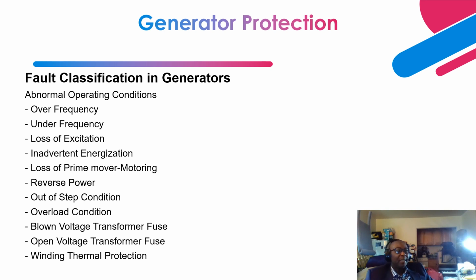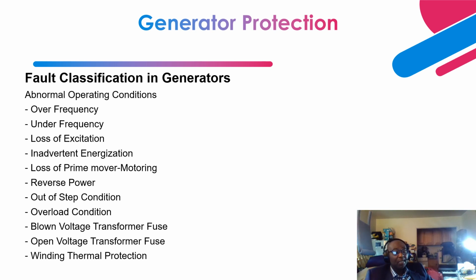If you have a generator that has a fault that cascades, and that generator is not able to recover, and the fault is not able to be isolated, and the generator isolated from the rest of the generators, there's something called out of step. The generator is going to lose synchronism with the rest of the generators. That is when the out of step relay comes into play, to finally trip the generator, and any other generators that might be affected. Next is overload condition.